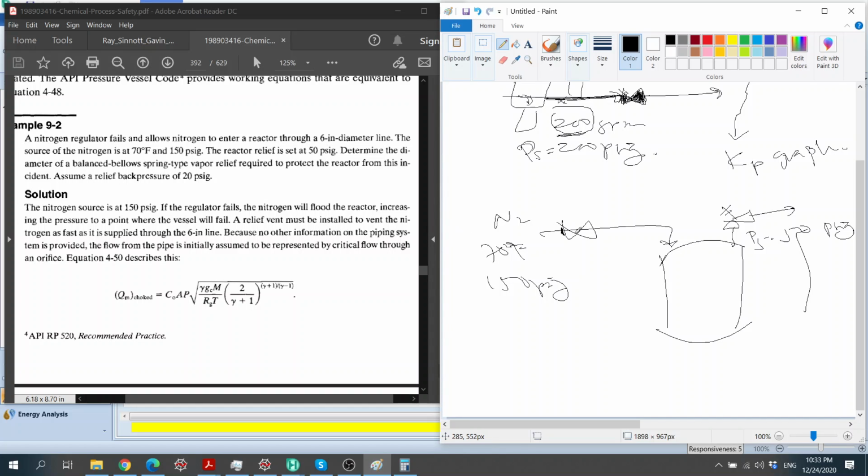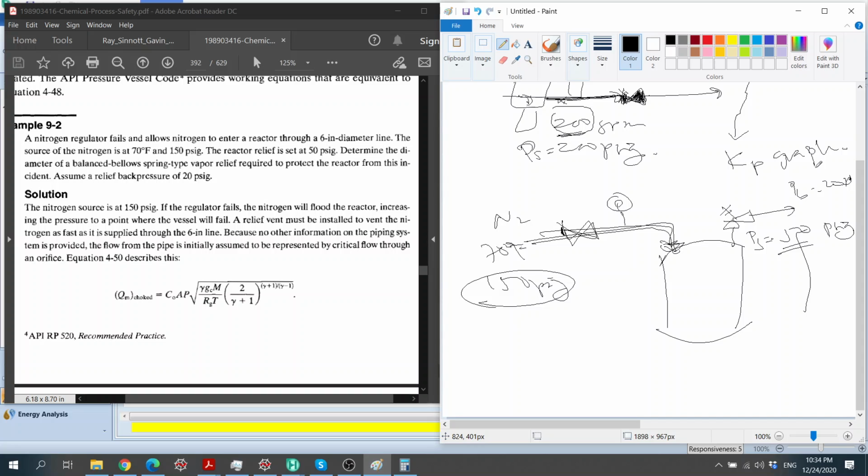So somehow this fails, right? So the pressure regulator here fails. So this valve is fully open, so it will expose this tank, this reactor, to 150 psig continuously, right? So it has to release at 50 psig. And then the back pressure here, PB, is 20 psig as well.